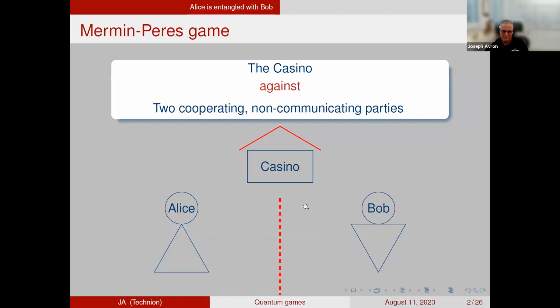And if they do not, they lose the game. The catch is going to be that even though Alice and Bob can cooperate, once they decide on a strategy, they cannot communicate. So it's a game of two cooperating but non-communicating parties. And please interrupt me at any point if I'm not clear.